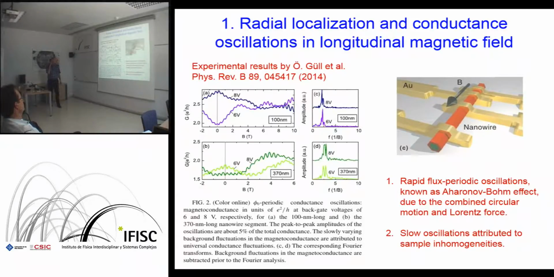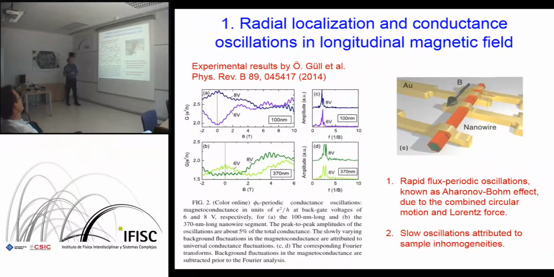Now, the first example, or the first effect of the localization in the radial direction, is the observation of Aharonov-Bohm oscillations, or flux periodic oscillations, in the presence of a magnetic field along the nanowire.